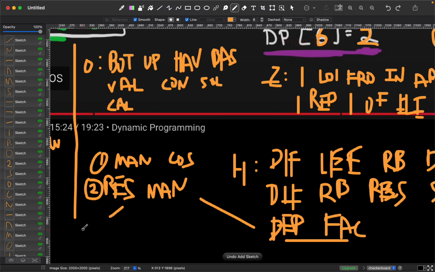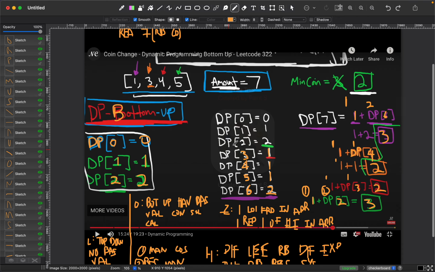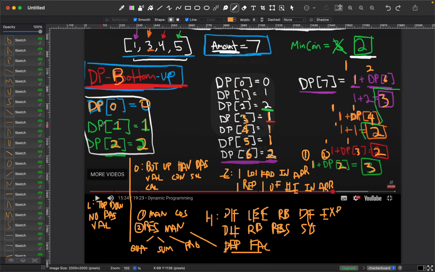So we're talking about quantity, and sometimes we are talking about the summation. Sometimes we can even say the product of the result. And for this very case, we're looking at the result of the summation.